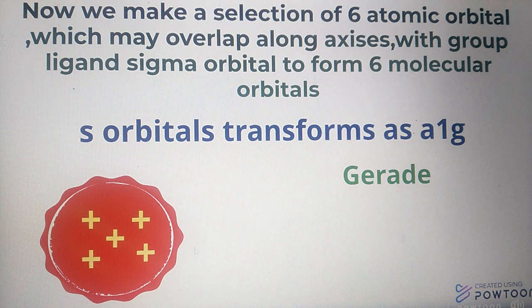Gerade means if we divide this spherical ball, this s subshell, into two parts, then this part will be similar to the second part. The charge which is present in this part will be similar to this part.